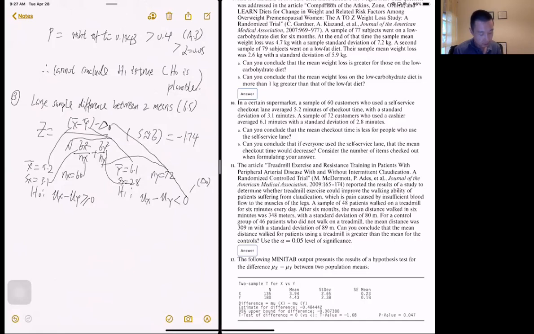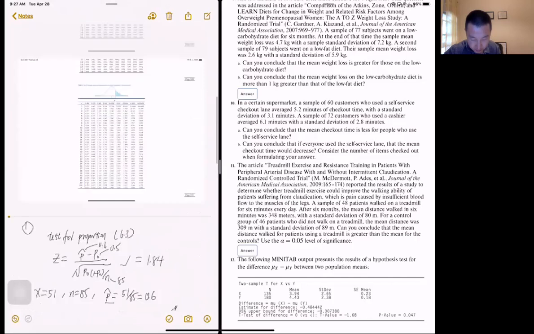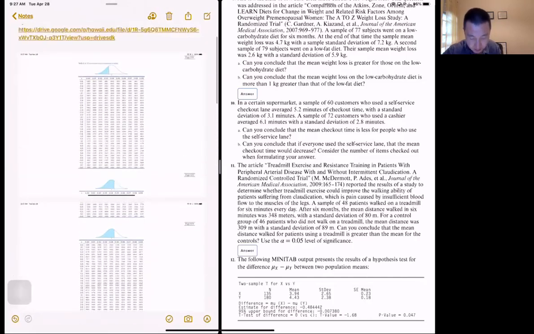Because the alternative hypothesis H1 is in the form of less than 0, the p-value will be everywhere to the left of the z value of minus 1.74. For minus 1.74, we use the z table, which is here.